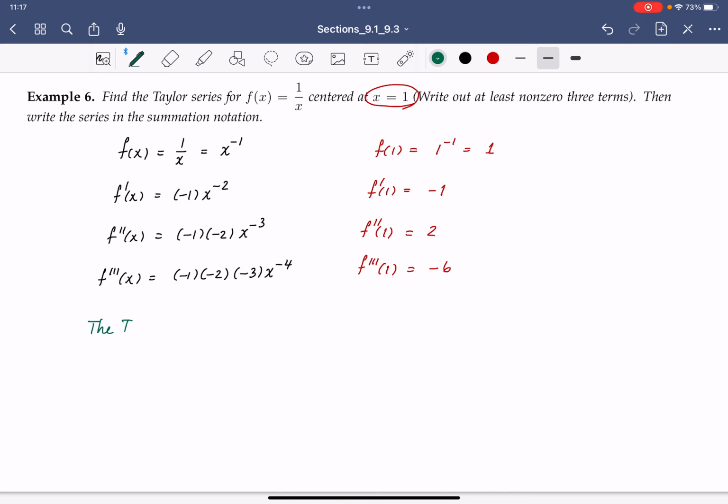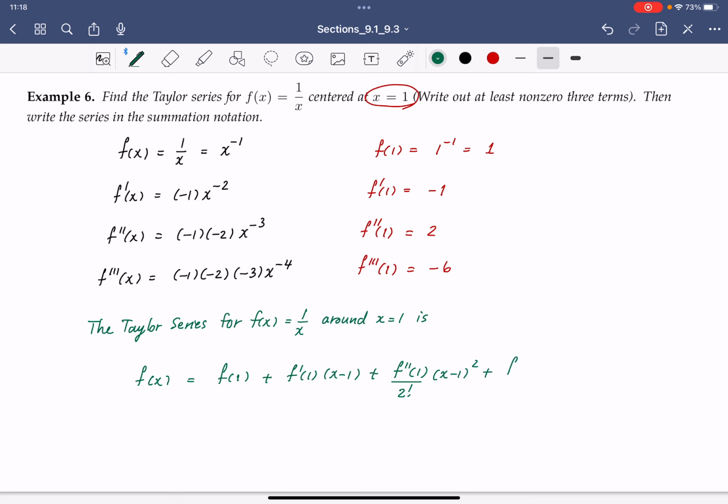The Taylor series for f(x) equal to 1 over x around center x equal to 1: by the formula, it's f(1) plus f prime(1)(x minus 1), plus f double prime(1) over 2 factorial times (x minus 1) squared.